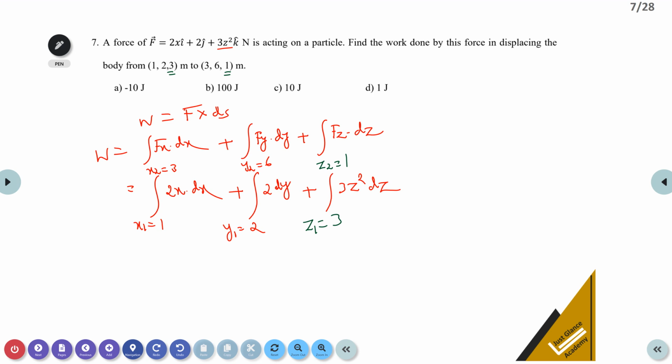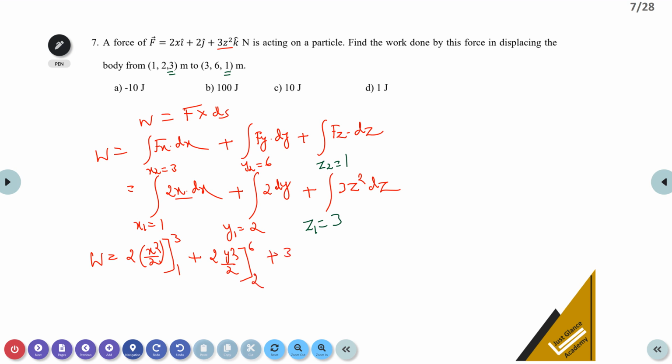Finally, W equal to 2 into, on integration, it becomes x square by 2, and the variable goes from 1 to 3. Plus the integration of 2 into y square by 2, lower limit 2, upper limit 6.